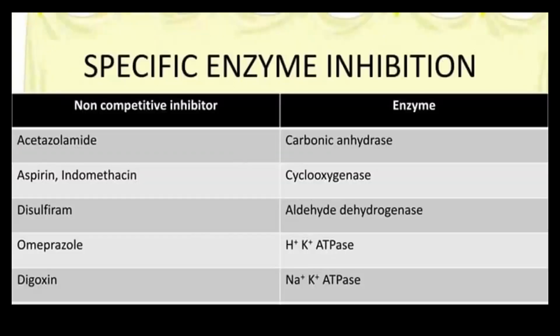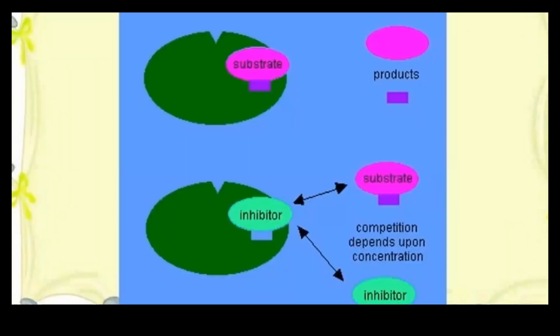Here the inhibitor reacts with an adjacent site and not with the catalytic site. Okay. I have previously told that an enzyme has two sites.